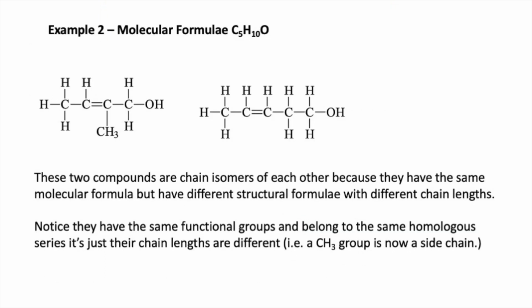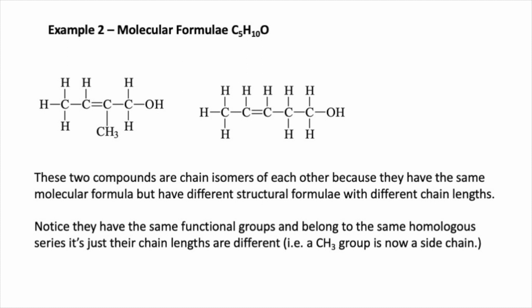So here's another example of chain isomers. These 2 compounds drawn for you on this slide have the same molecular formula, C5H10O. These compounds are chain isomers because they have the same molecular formula but have different arrangement of atoms, different structural formula, with different chain lengths.